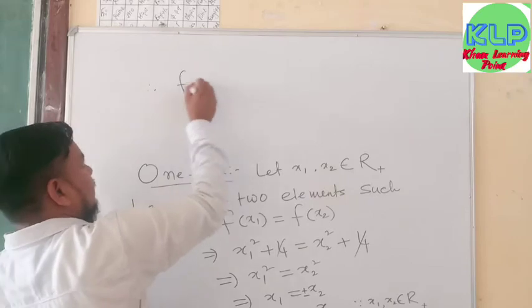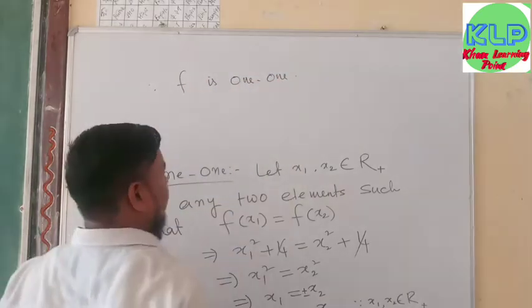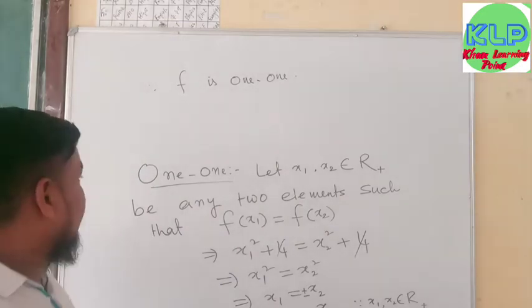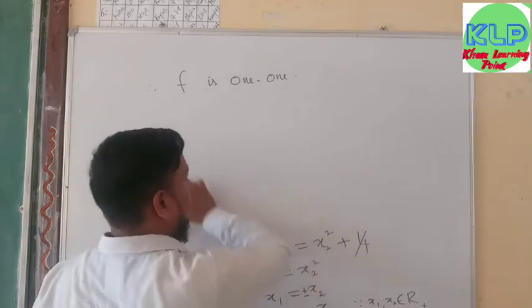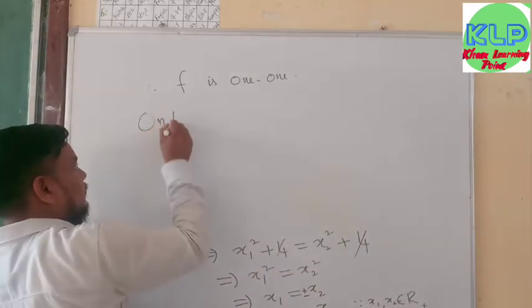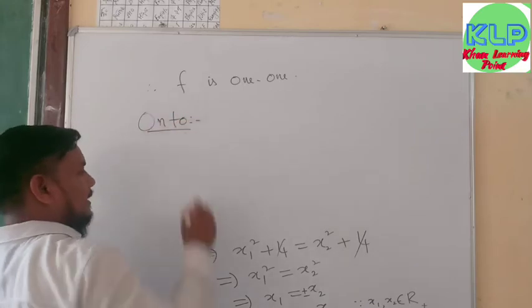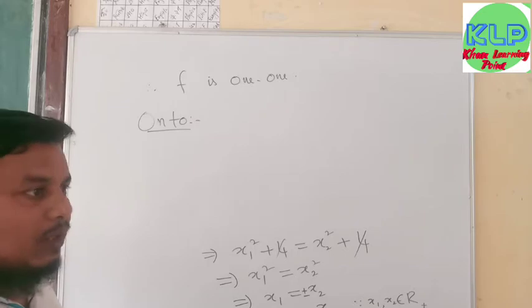So f is 1 1. Okay, now we need to show that f is onto. अभी हम लोगों को f onto शो करना है. Okay, now onto के लिए we need to consider one arbitrary element of the codomain.